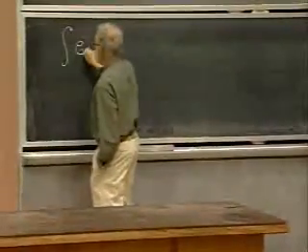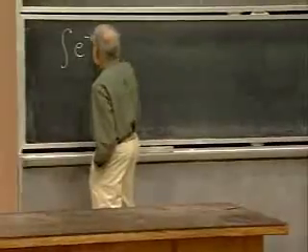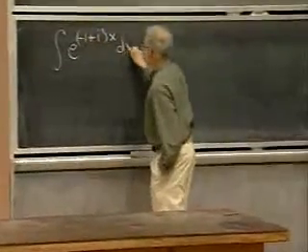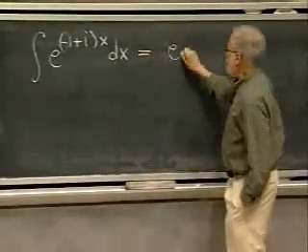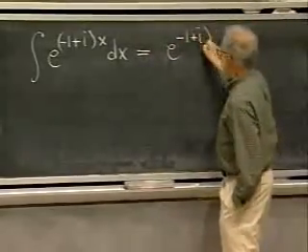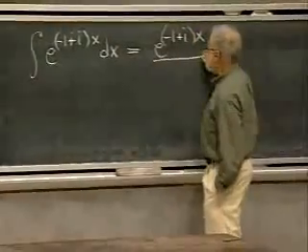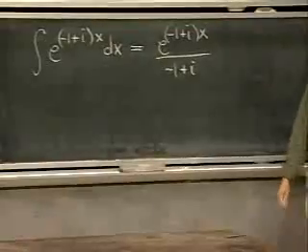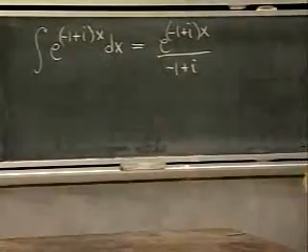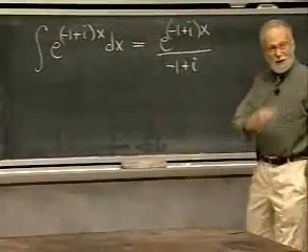So what's the integral of e to the (minus 1 plus i)x dx? Well, if there is justice in heaven, it must be e to the (minus 1 plus i) times x divided by minus 1 plus i. Now, in some sense, that's the answer.